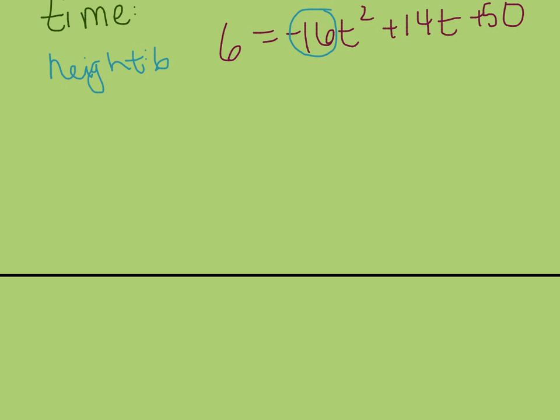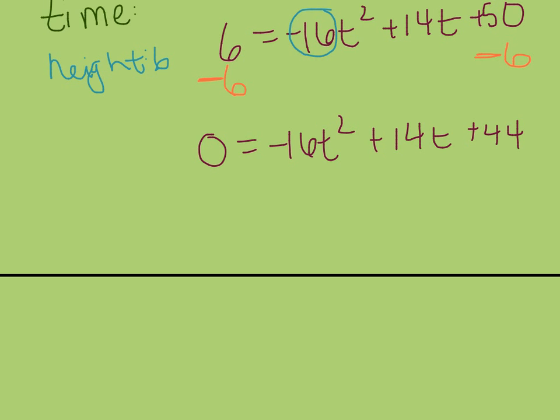So to use the quadratic formula, we have to have that equals 0 form. So let's subtract 6 from both sides. So we have a new equation that says 0 equals negative 16t squared plus 14t plus 44. Now we're going to plug this into the quadratic formula, which we can now do because it says equals 0. We're going to get a slightly different answer.